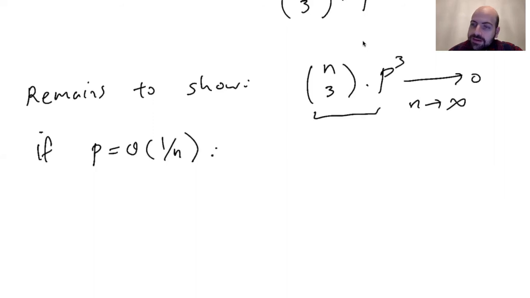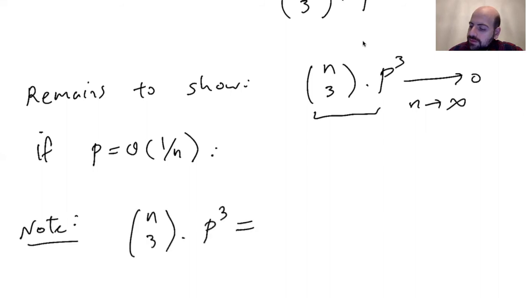Let's simplify this. Note that n choose 3 times p cubed is n times (n minus 1) times (n minus 2) over 6, times p cubed.